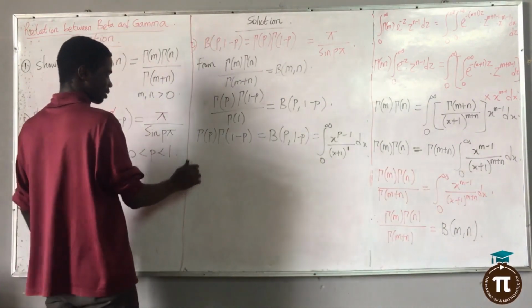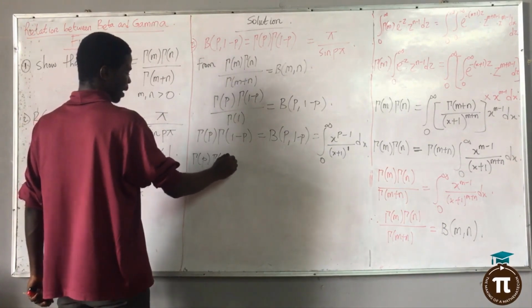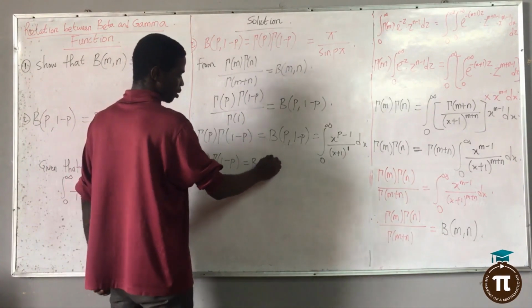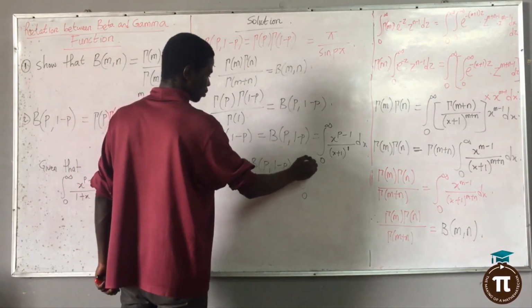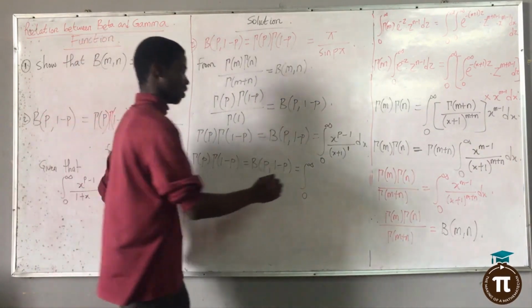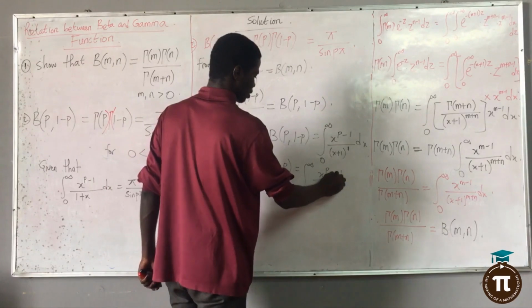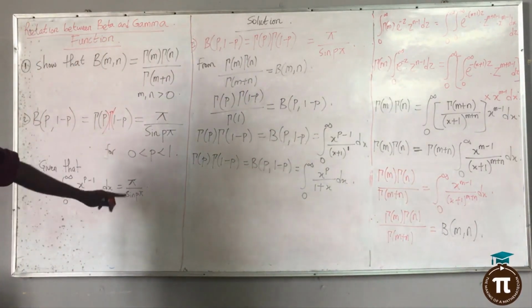So it then means that gamma of p, gamma of 1 minus p is equal to beta of p comma 1 minus p, equal to the integral from 0 to infinity of x raised to the power of p minus 1 over 1 plus x dx. But I have been given here that this is equal to pi over sine p pi.